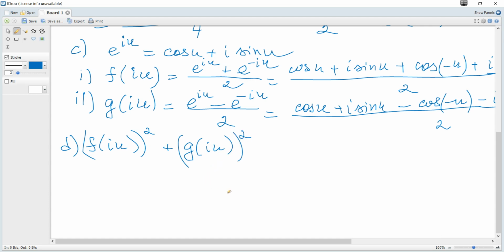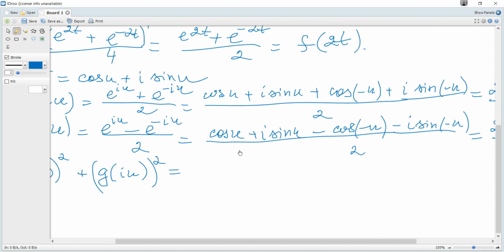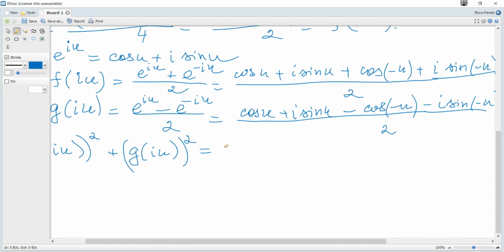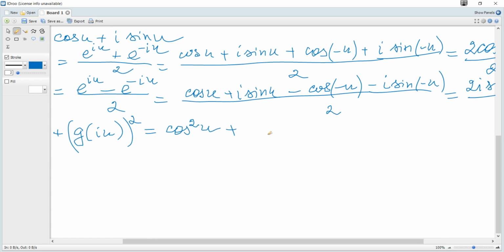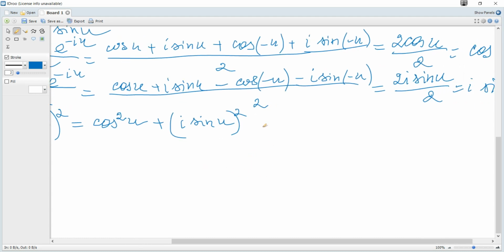Hence it means we must use the previous result, and f of iu it's cosine, so it becomes cosine squared of u, plus g of iu it's I sine of u squared, and it becomes cosine squared.